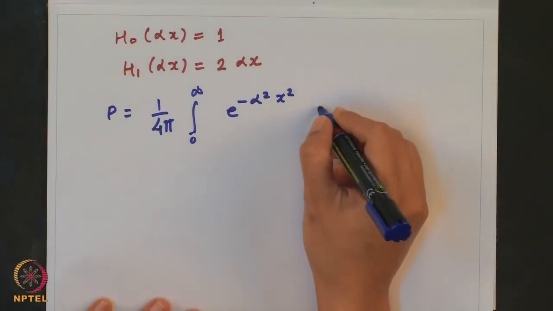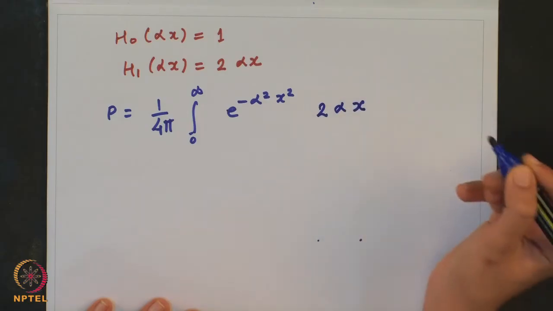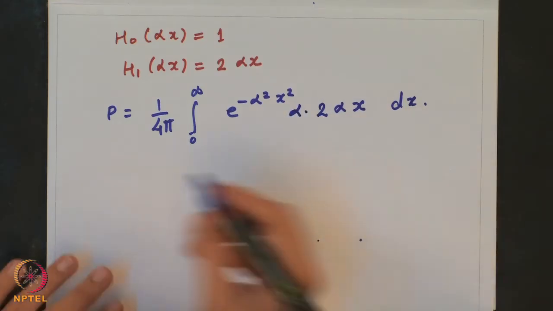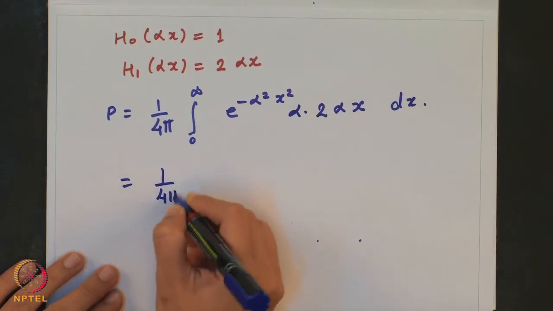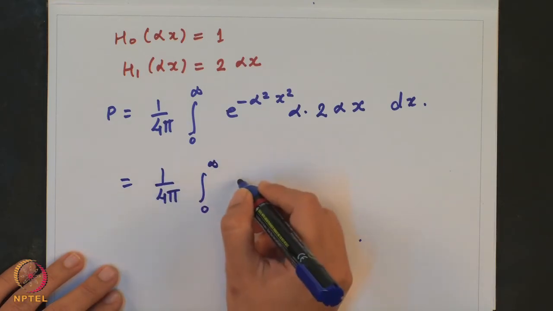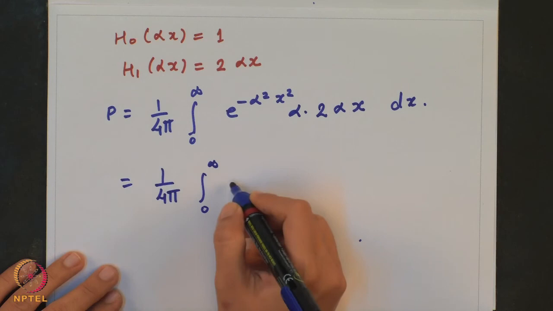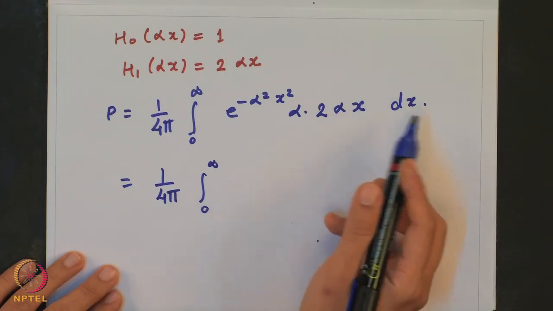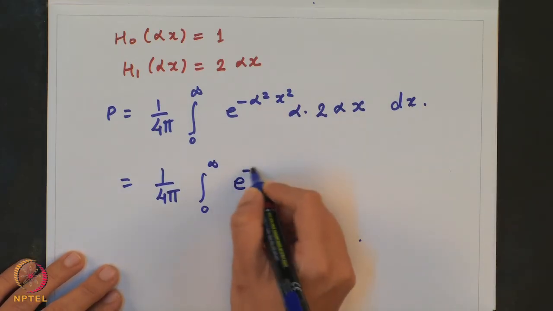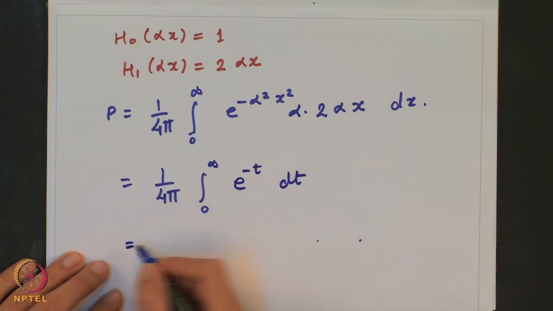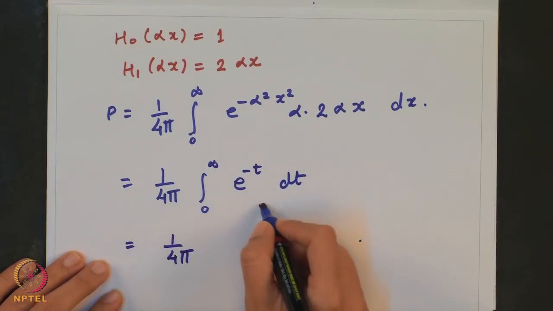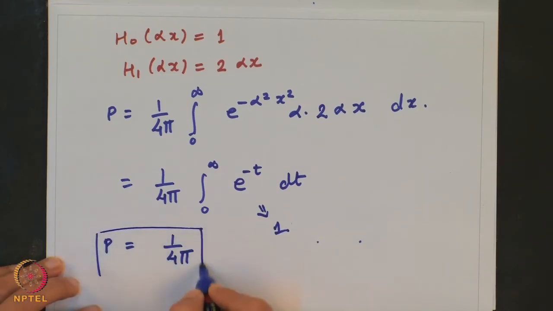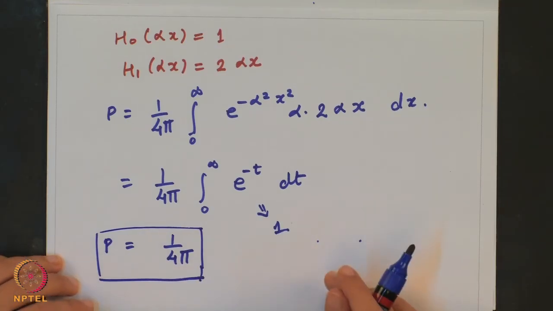So, I will have 2 alpha x dx, and I had 1 alpha before. So, this will be 4 pi 0 to infinity, and then this I can write as standard form. You can just substitute alpha square x square is equal to some t, and this will give me e raised to minus t dt, which is nothing but just 1. So, the probability is 1 by 4 pi.